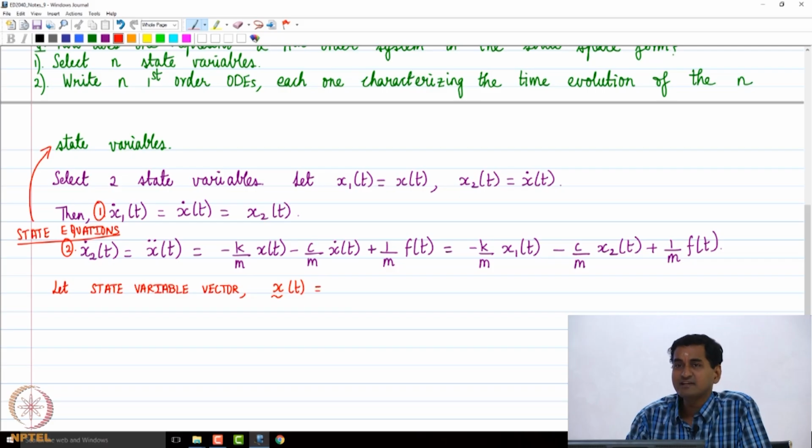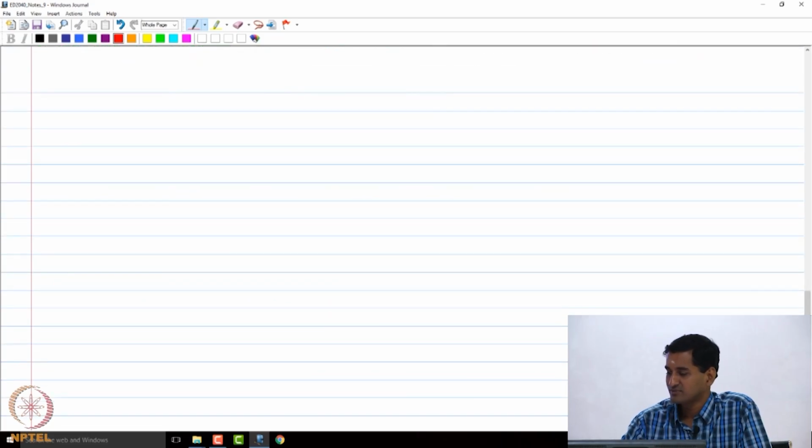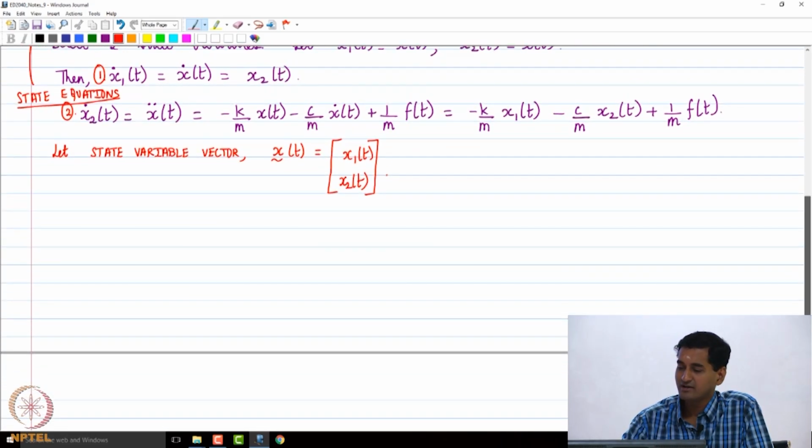My notation is that vectors are typically denoted by lowercase characters in bold font. Since I can't write bold font here, I am putting a tilde underneath to indicate that the quantity is a vector. So I choose the state vector as a column vector where I arrange the 2 state variables, x1 and x2.